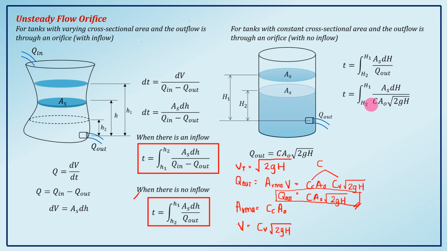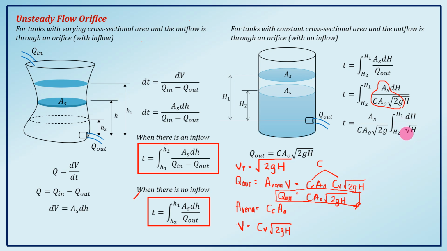Substituting Q out, we can take out the constants: the cross-sectional area AS, and also C AO square root of 2g. What remains is the square root of H in the equation. So, we have the integral of dH over square root of H, with limits H1 and H2, and we need to integrate 1 over square root of H.